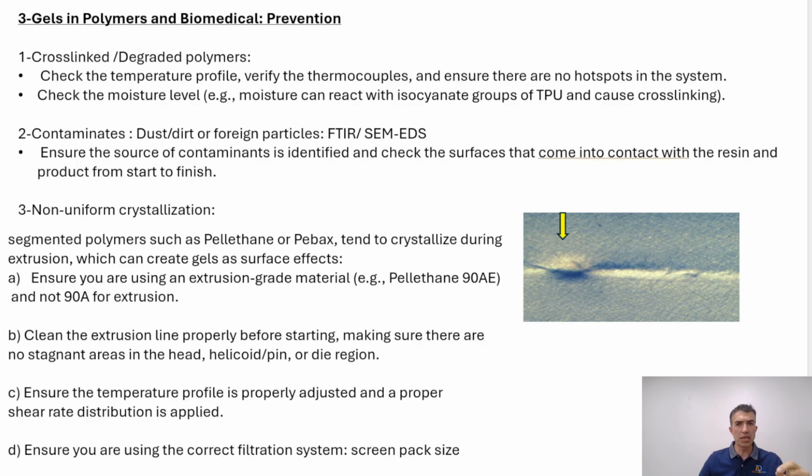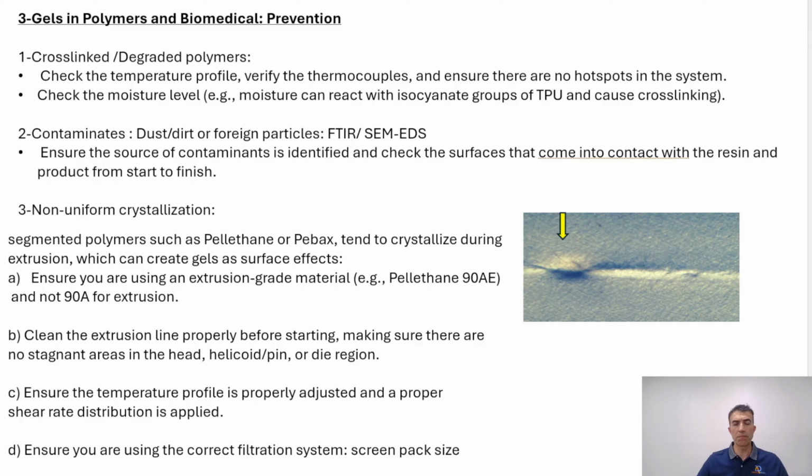Is it a polyurethane screw or a PEBAX screw, in terms of conventional screws versus barrier screws? And ensure that the temperature profile that you are setting is right for that material. That's a very, very critical one, especially for segmented polymers.